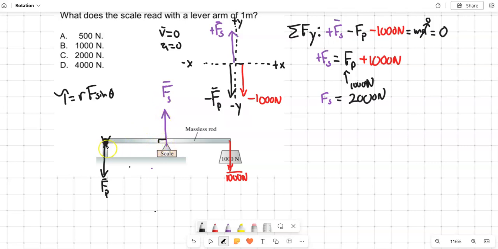So if this is our pivot point and this is the only force here, it would be pushing up on the lever arm and spinning it in the direction that my cursor is turning. And that's counterclockwise, so that's a positive Z torque.